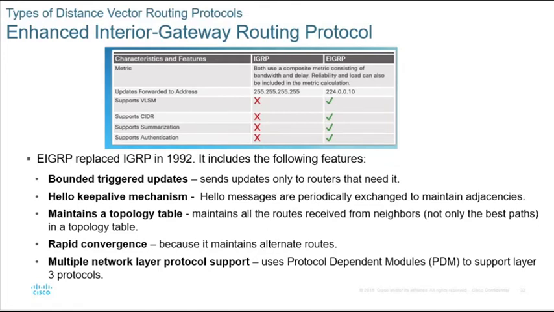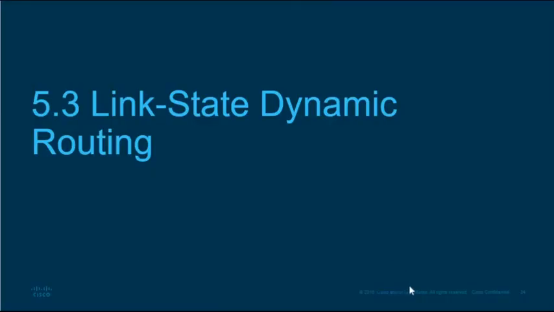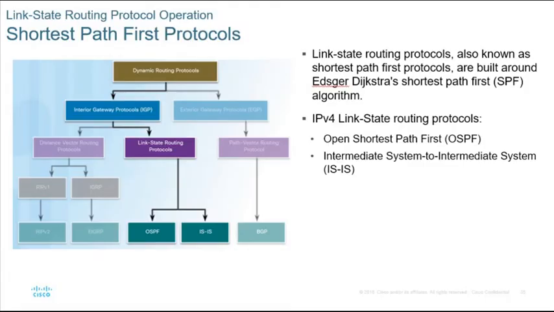Lastly, let's take a look at link state dynamic routing and see how this protocol behaves, what algorithm is used in this particular routing protocol, and also the process or the metrics that this protocol uses. So let's have the discussion.